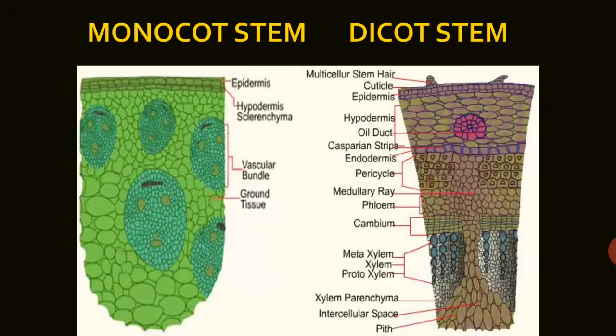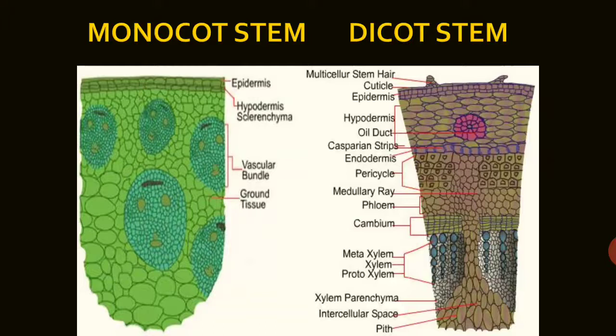Similarly, if we study the differentiation of a monocot stem and a dicot stem, you can easily diagnose this with the help of the microscope. If the vascular bundles are found scattered in the ground tissue and no multicellular structure is there, then it is the monocot stem. In the dicot stem, they are found in a ray-like structure, the medullary ray.